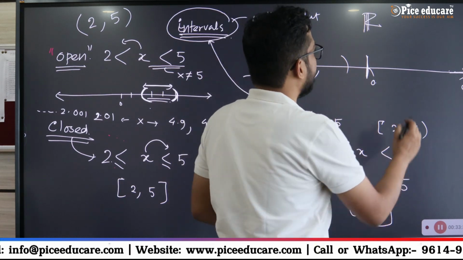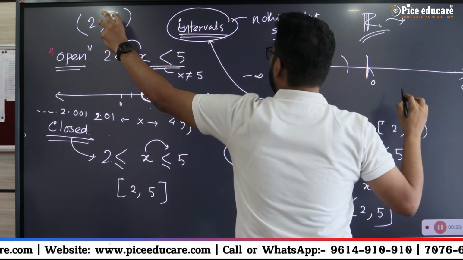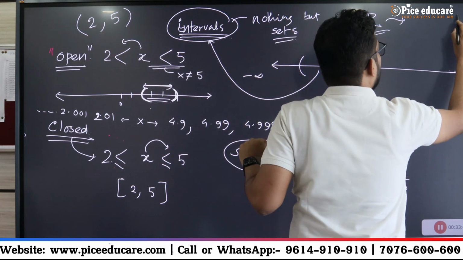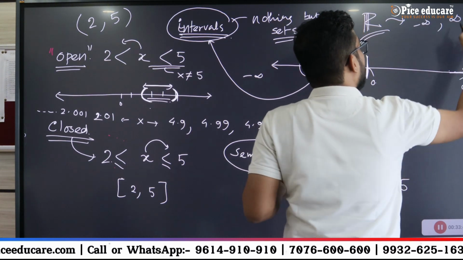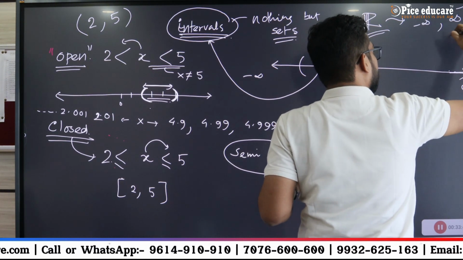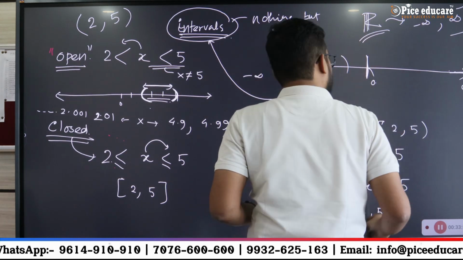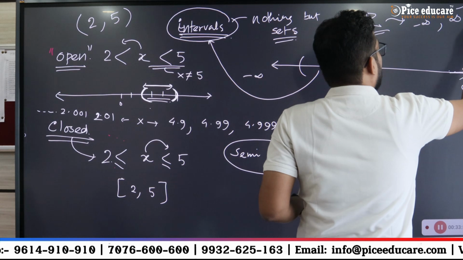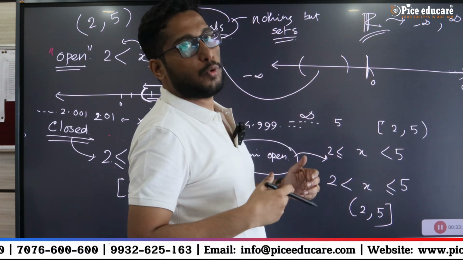So for example, if I say the whole real number line, and I want to use this bracket notation, we can go for minus infinity and infinity with a comma in between, but we should never use square brackets there, because you can't touch infinity. It is such a large number that you can grow beyond it also.